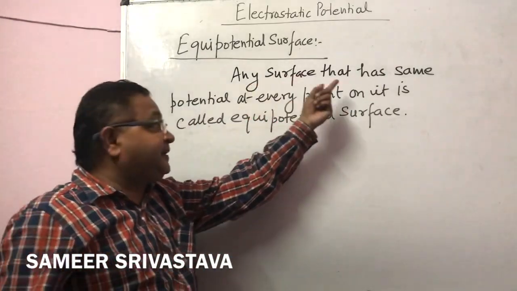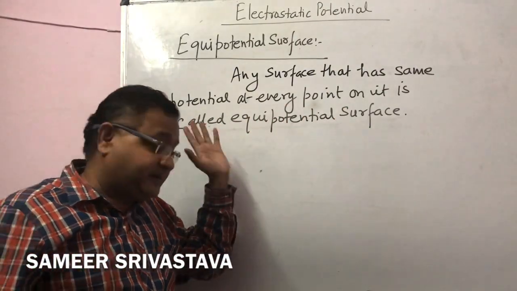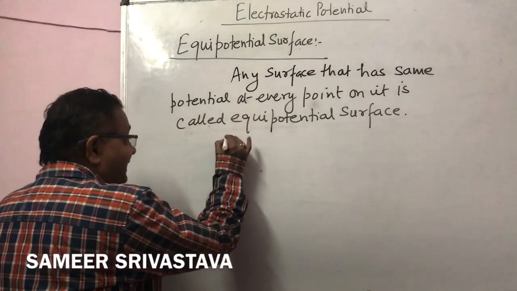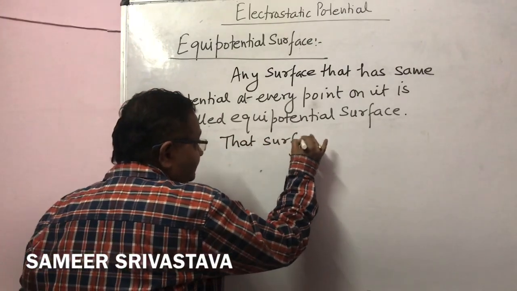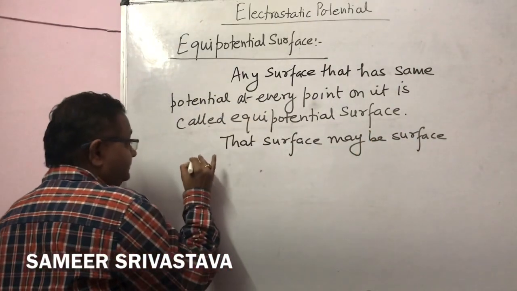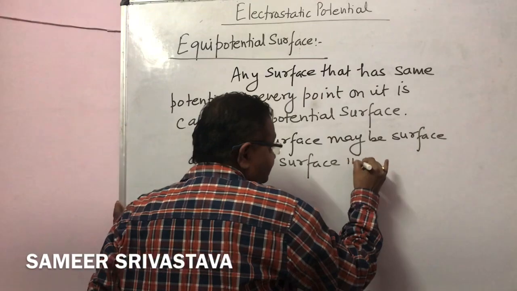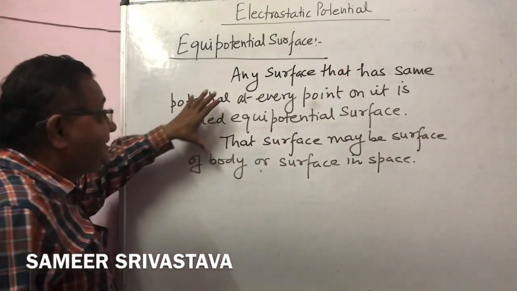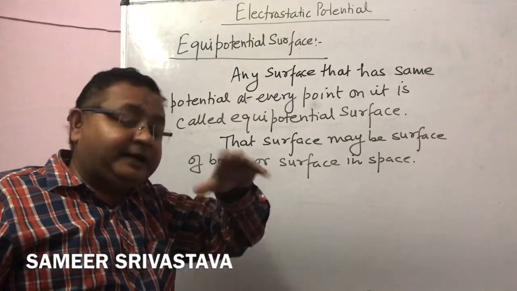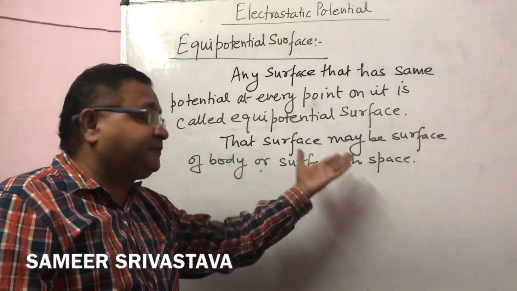That surface may be the surface of a body or a surface in space. That is the definition of an equipotential surface: any surface that has the same potential at every point on it, and that surface may be the surface of any body or a surface in space.